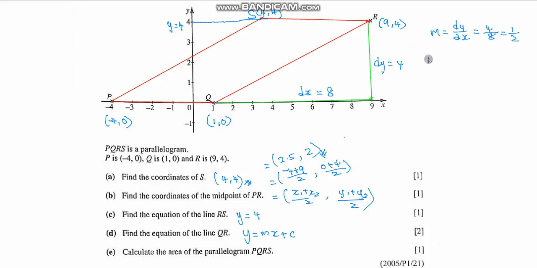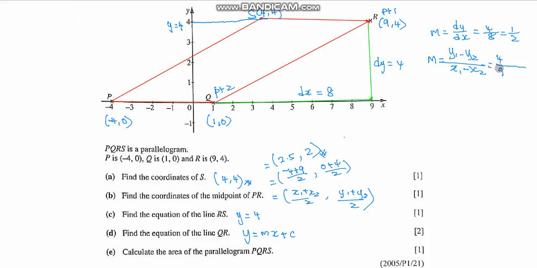Another way of finding the gradient is taking y1 minus y2 over x1 minus x2. You can consider R as point 1 and Q as point 2. Therefore, point 1: y is 4, x is 9.